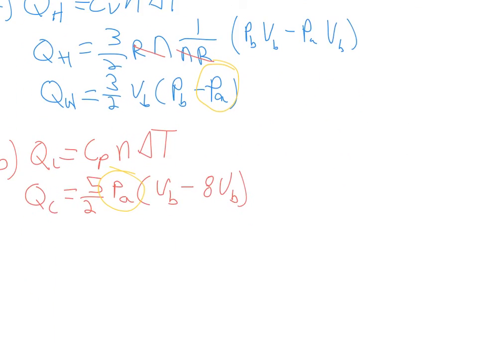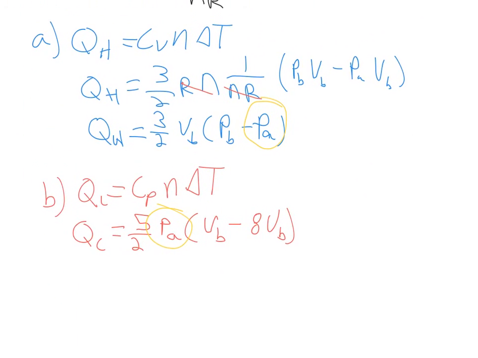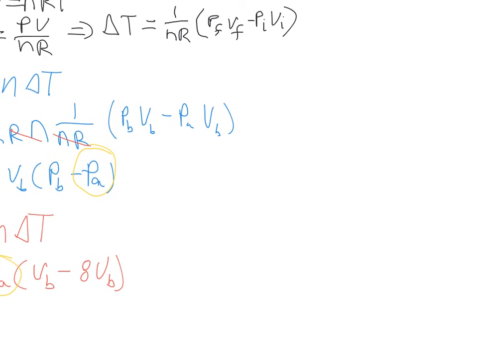So I'm going to go over here to create some new space, maybe a new color. For the adiabatic transition, again we're looking at from point B to point C.